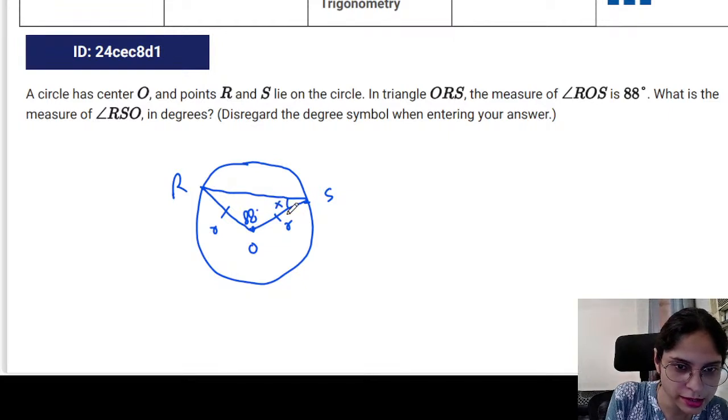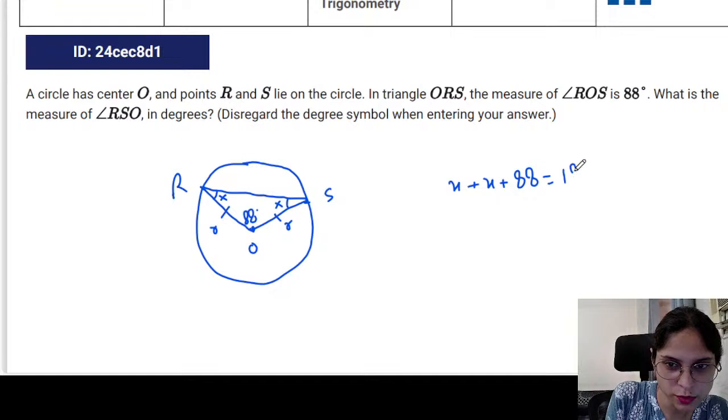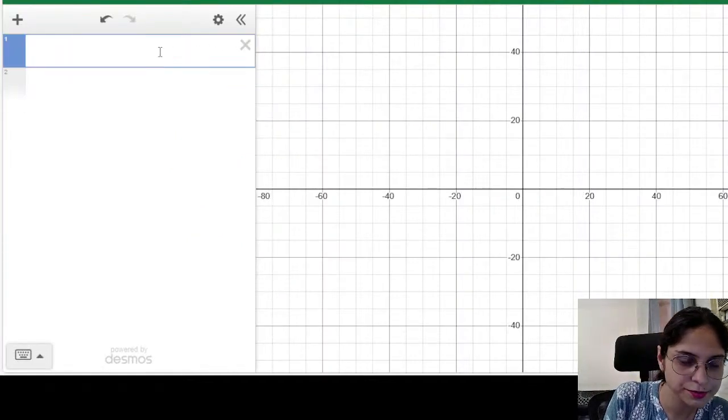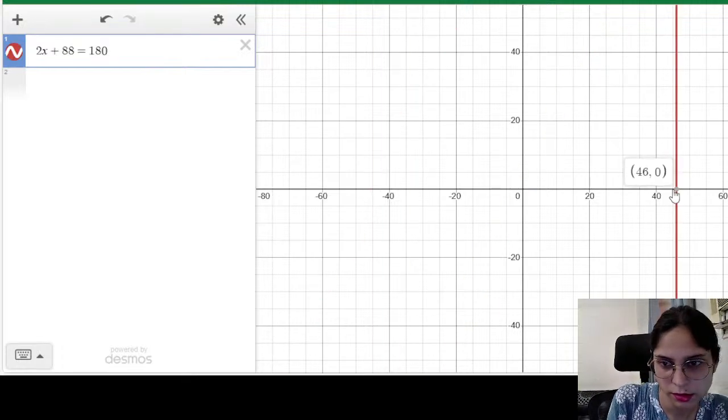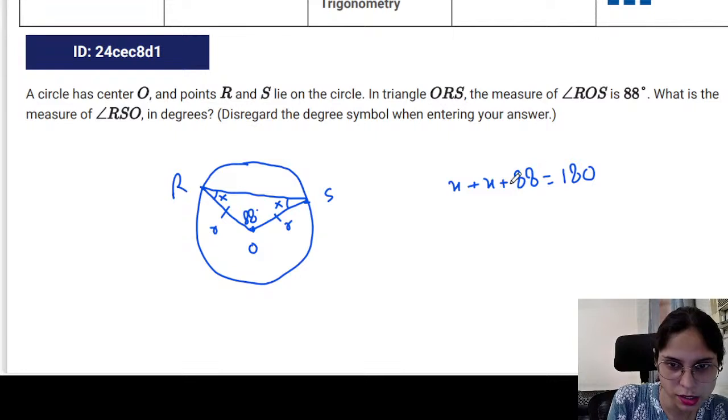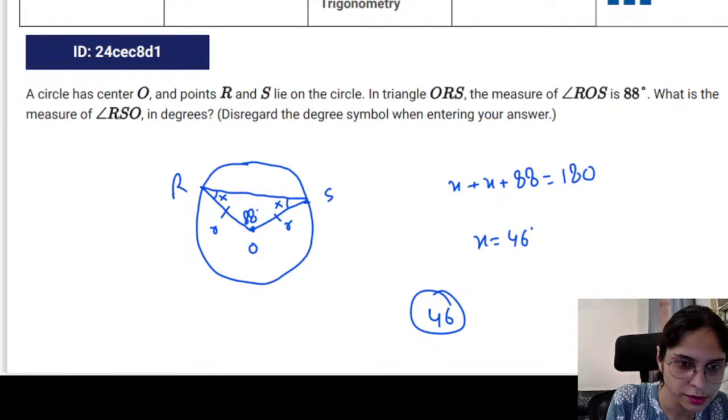Let me call this X. So if this is X, this is also going to be X. Your equation is going to be 2x plus 88 equals 180. Just go to Desmos. Your angle is 46. So answer is 46. Alright.